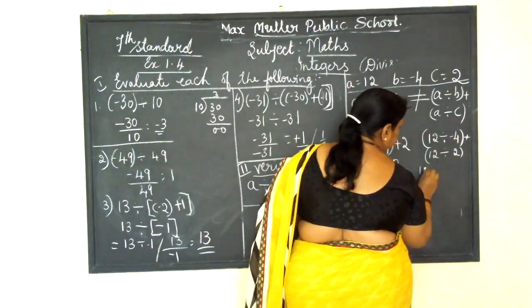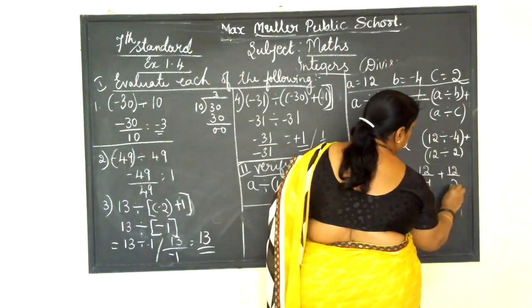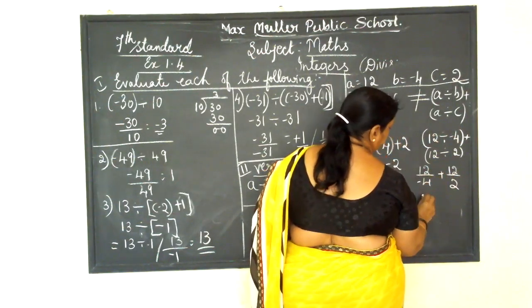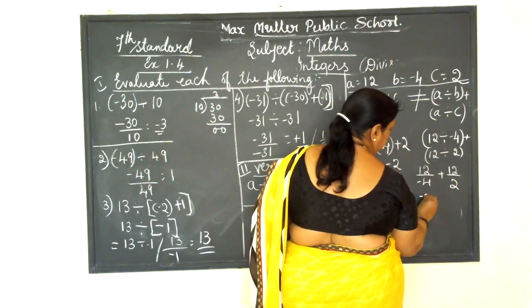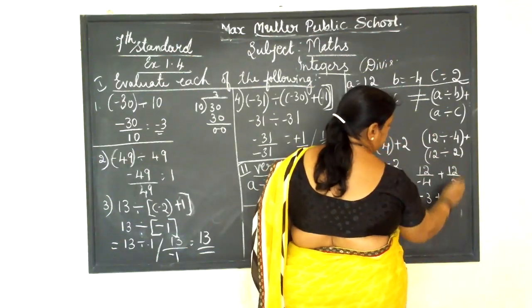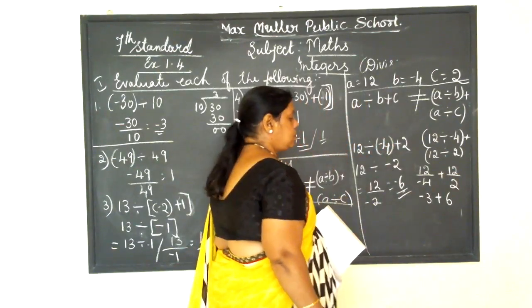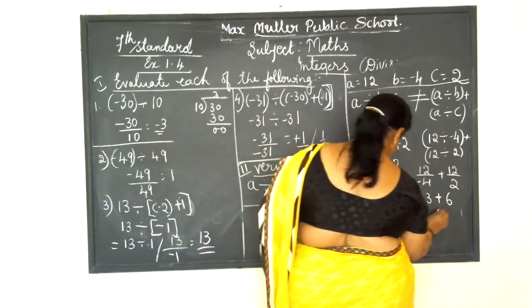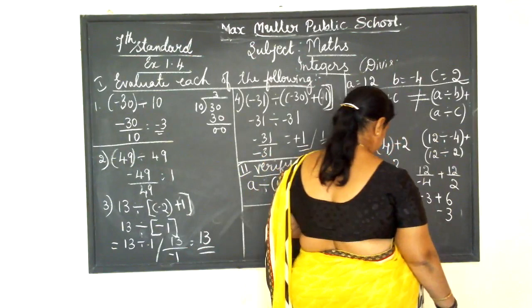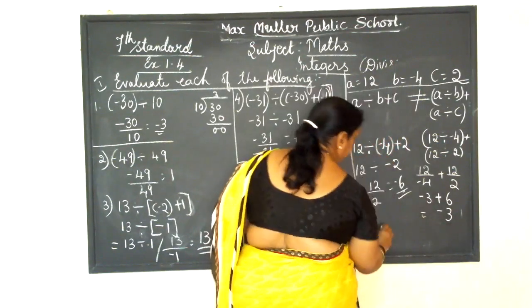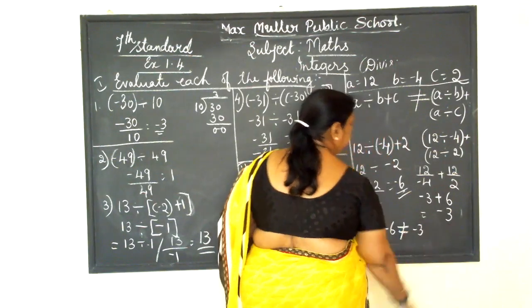So 12 divided by minus 4 gives minus 3, plus 6. Minus 3 plus 6 is equal to 3. So, minus 6 is not equal to 3.